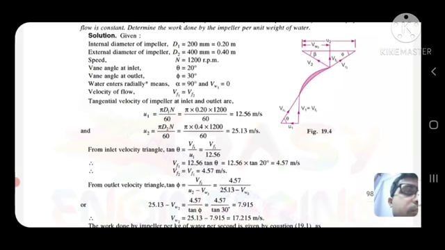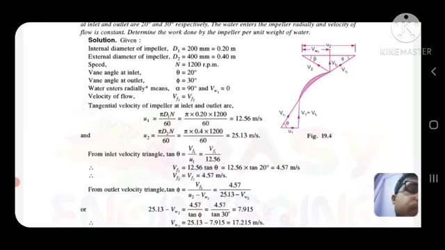First, you have to draw the diagram. U1 is the inlet and U2 is the outlet. U1 is equal to pi d1 N by 60, where d1 is the inner diameter, and U2 is pi d2 N by 60, where d2 is the outer diameter.